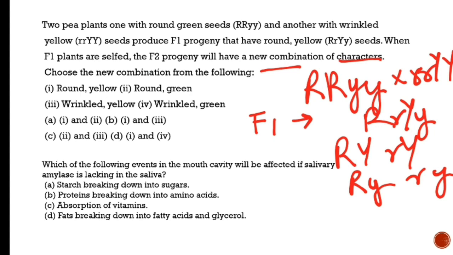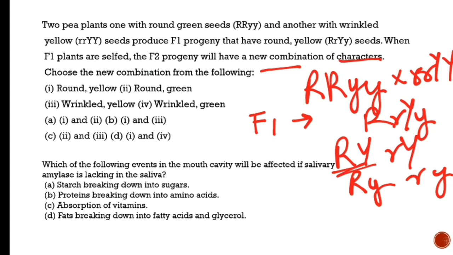Now, what they are trying to ask here is, when F1 plants are selfed, the F2 progeny will have a new combination of characters. If you see these 4 combinations, capital R, capital Y is round yellow, which is something new from the parents.